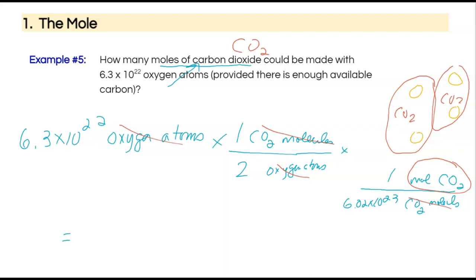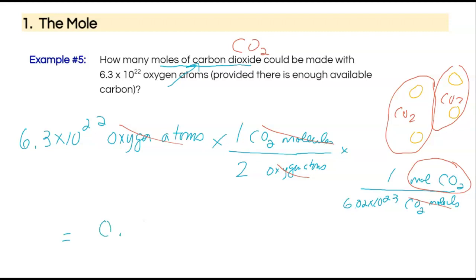So working that calculation out, I have 6.3 times 10 to the power of 23 times 1 divided by 2, and then divided by 6.02 times 10 to the power of 23. So I just took a moment to redo that calculation.